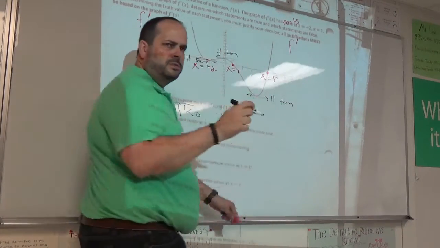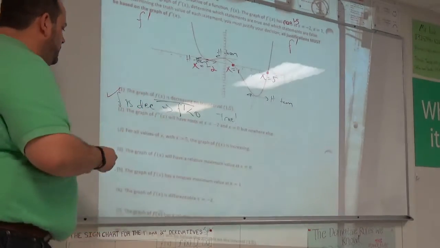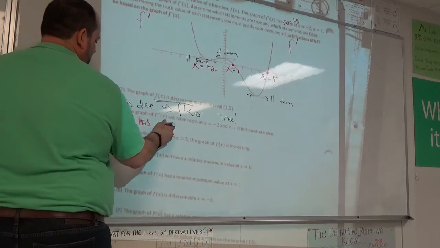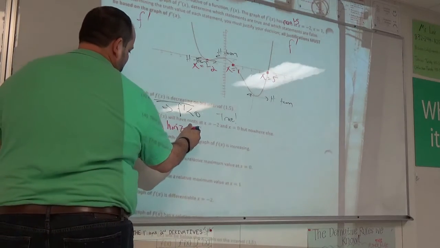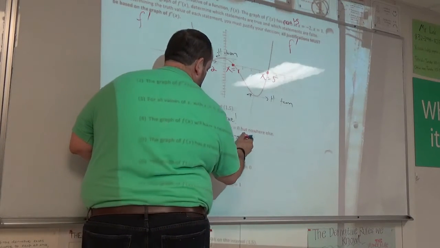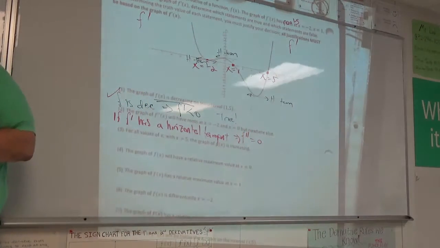Is that kind of how pretty much everybody made the decision? So maybe I'd say something like this: if f prime has a horizontal tangent line, then that means f double prime is equal to 0. How many times is f double prime going to be equal to 0? 3 times.